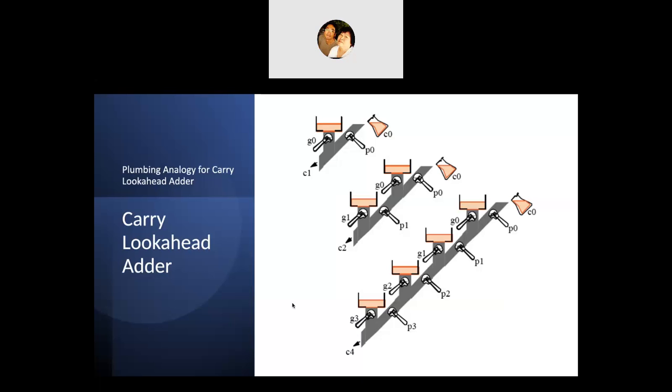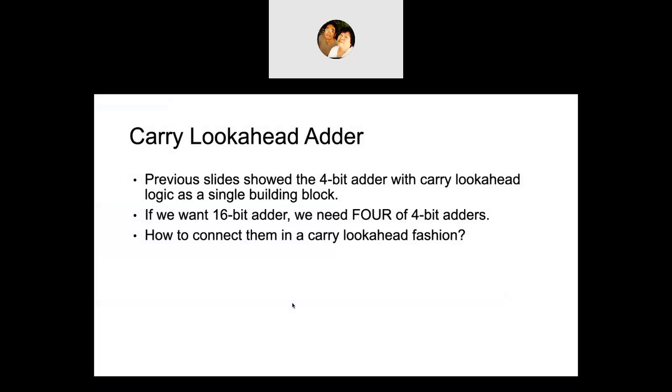But the question is, what is the performance of this kind of circuit? How can we analyze the performance of this system? How much faster is it than the previous one? Look at this.